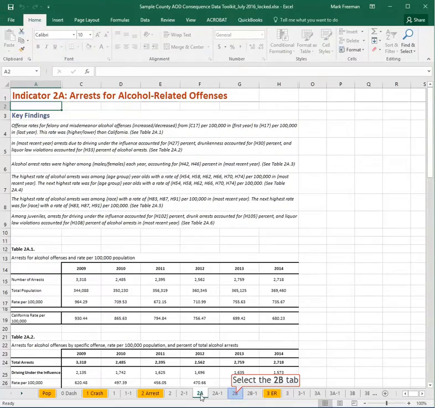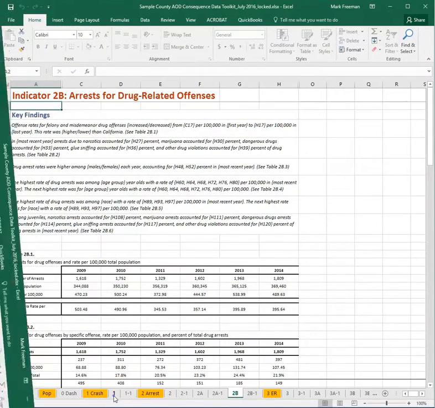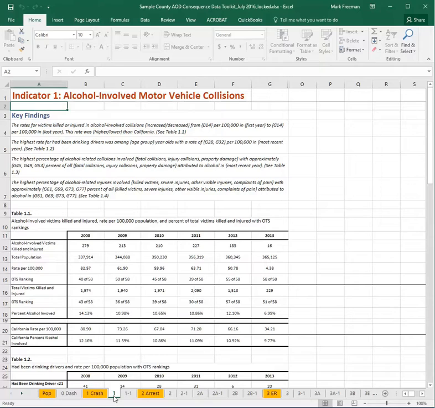Second, just alcohol. And third, drugs. The exception to this is motor vehicle collisions, because we only use alcohol involved collisions. Now if you use the arrow at the very bottom, you're able to scroll to the very end, which is our death indicator. We'll explain the use and purpose of each tab in the following videos.